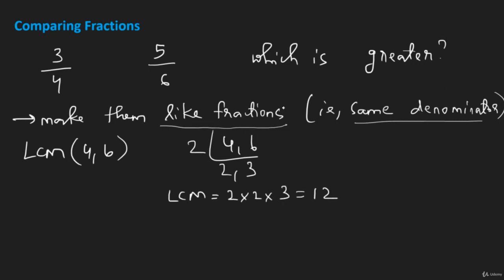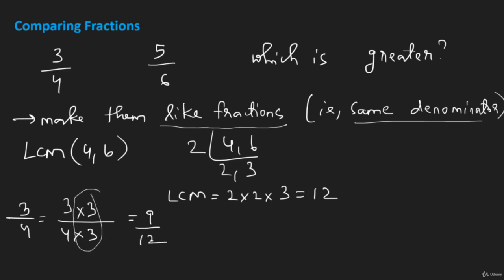Now, 3 by 4 has to be written as an equivalent fraction with 12 in the denominator. So I can do that by multiplying the numerator and denominator with 3, and I get 9 by 12. Similarly, 5 by 6 can be multiplied with 2 in the numerator and denominator, and I get 10 by 12 as the equivalent fraction.